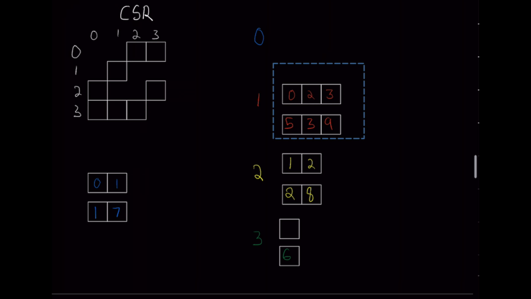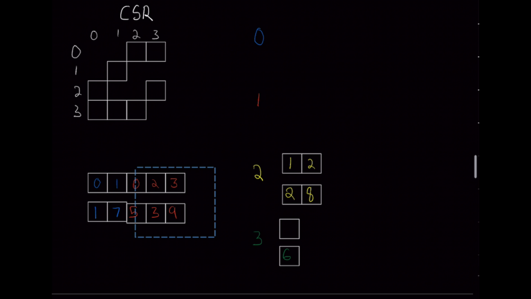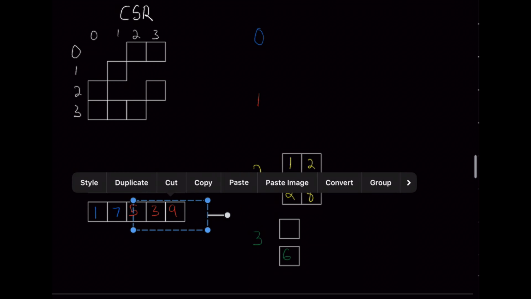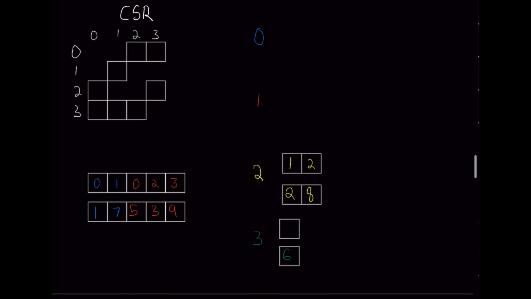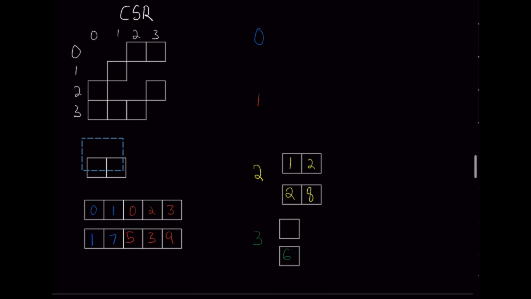And if I concatenate that with row 1, and start building the row pointer array, we see row 1 starts at index value of 0.